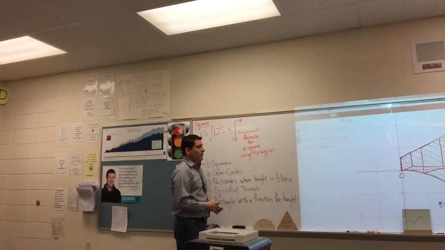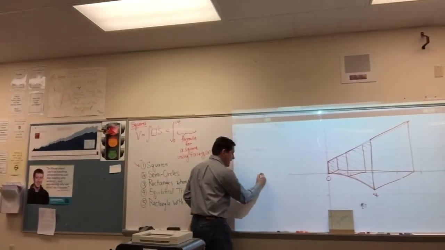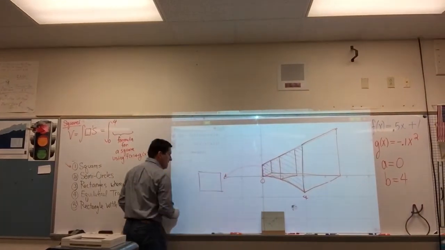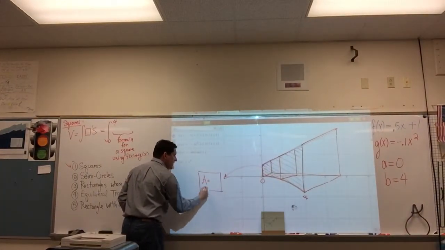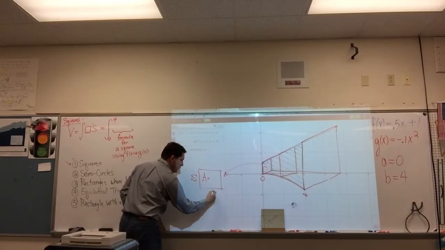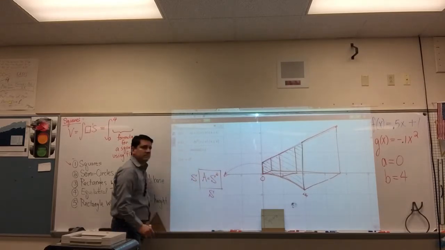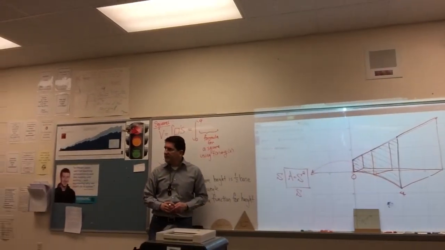So I don't know about you, but I think, all right, every one of these squares right here, the area of a square is you take this side and you multiply it by this side, and the area is side squared. That's the area.